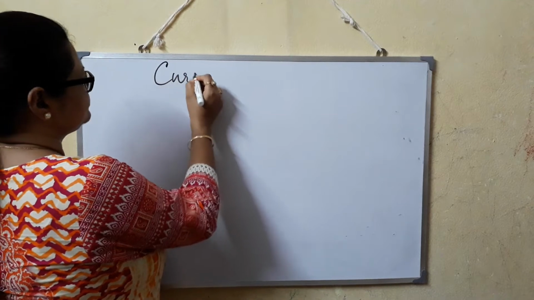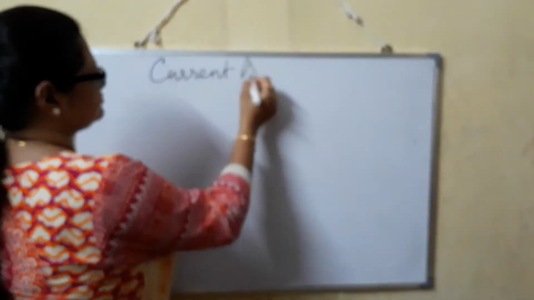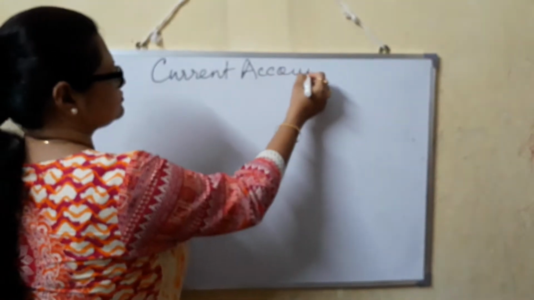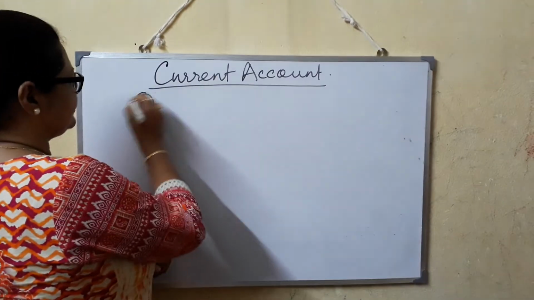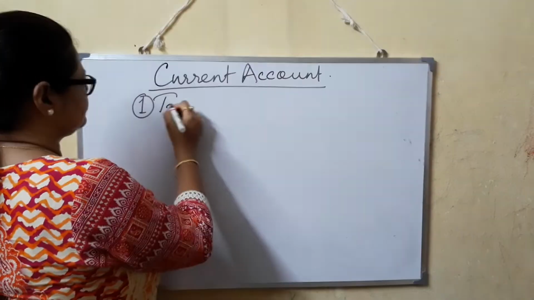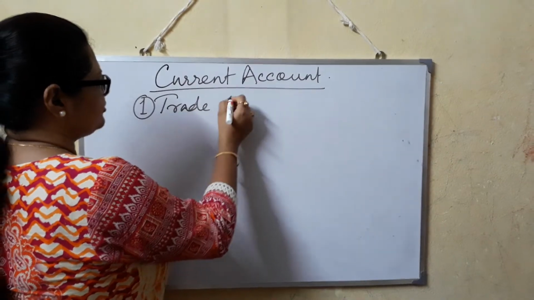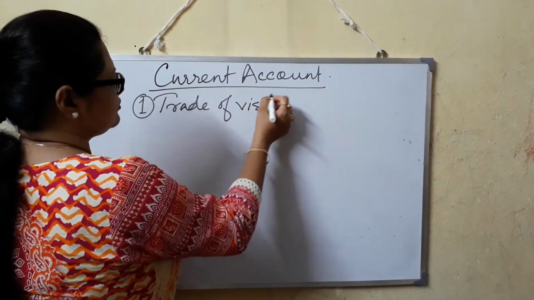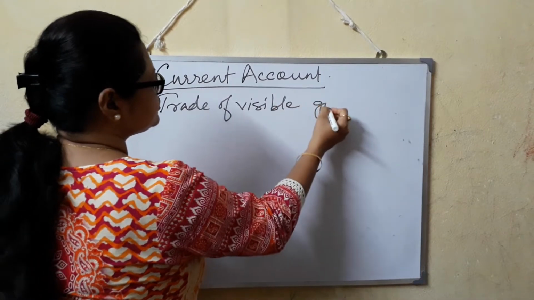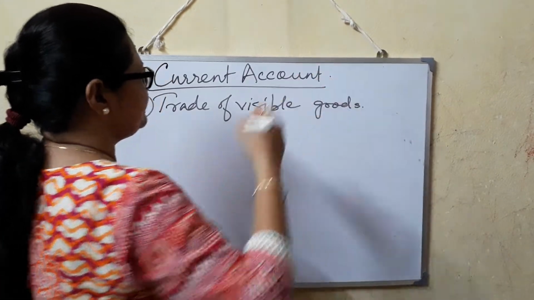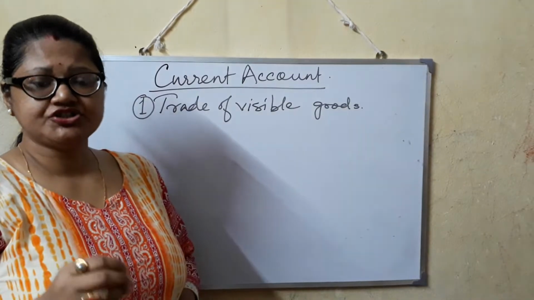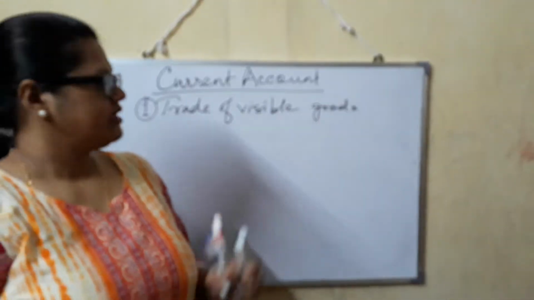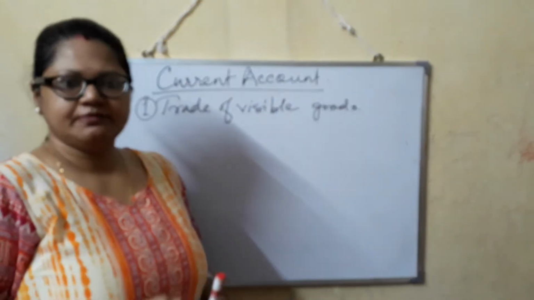Current account. The very first component of current account is trade of visible goods. What is the meaning of visible goods? Visible good means the commodities which are tangible. Trade means export and import.